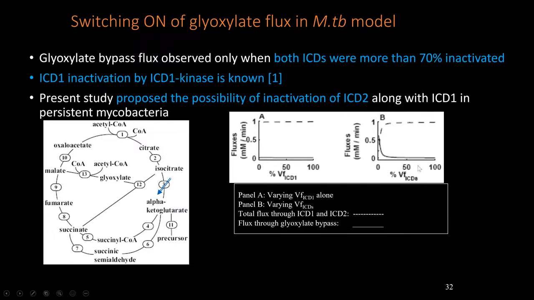This is the table. Here I show you the flow through ICD1 and ICD2. So there are 2 types of ICDs, and both the ICDs flow. What you notice here is that the flux through the ICL is given by the glyoxylate bypass. Bypass is the shunt bypass, and this is the normal. So what we see, the fluxes are very high in this if we have even any amount of flow of ICD.